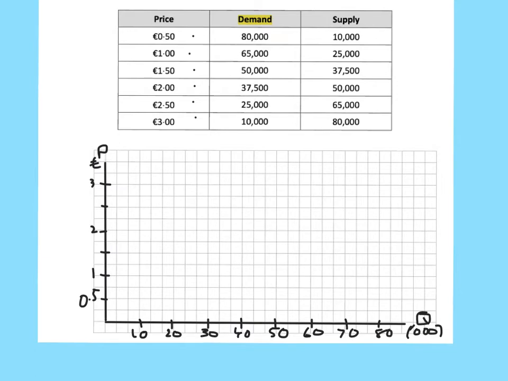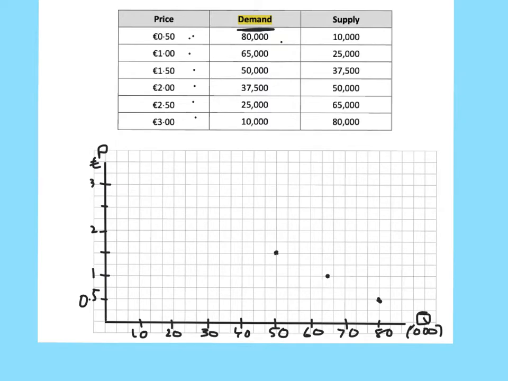And then I'm going to start plotting them. So let's start with demand first. At 50 cent I have 80,000. I'm going to plot this in black. At €1 I have 65,000, which is going to be roughly halfway between, so probably about there. Make my dot good and big. Then 1.50 is 50,000, roughly there.